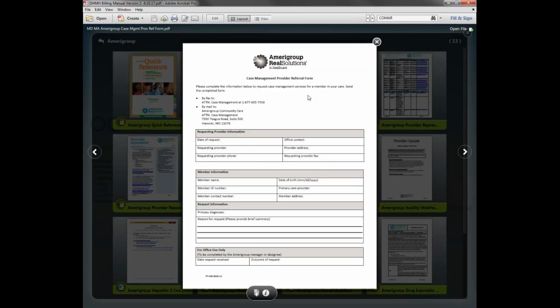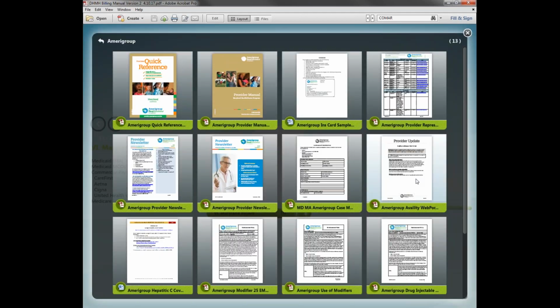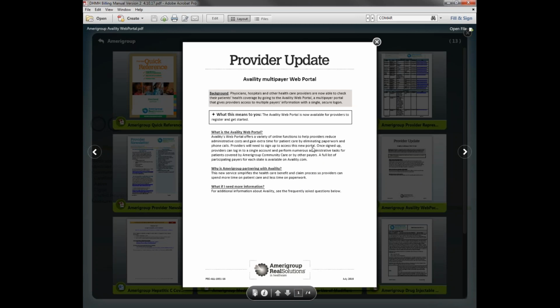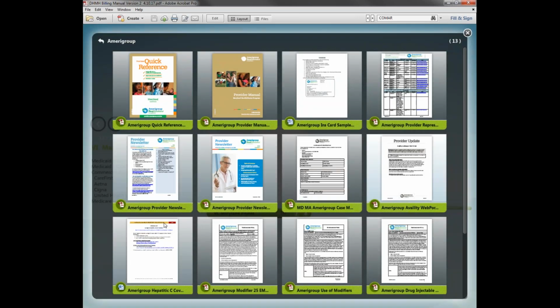This is a case management provider referral form. These are the type of notifications that they send out occasionally. This one's telling you about their web portal.